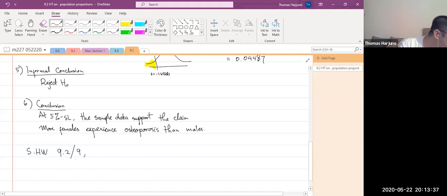Oh, no, you don't need to do confidence interval. Number 15, number 17, number 21. Maybe one more. And number 25. Okay, that's for today.